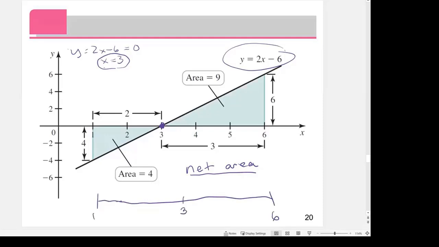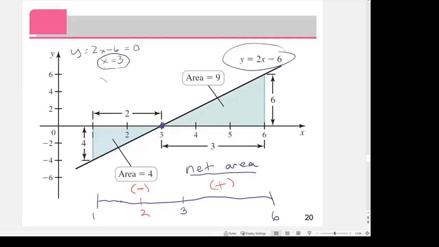I would check what happens when x equals 2. I get a negative value here, right? I don't care what the number is right now. All I'm saying is it's below the x-axis between 1 and 3. And if I plug in 4, I get a positive, which means it's above the axis from 3 on.